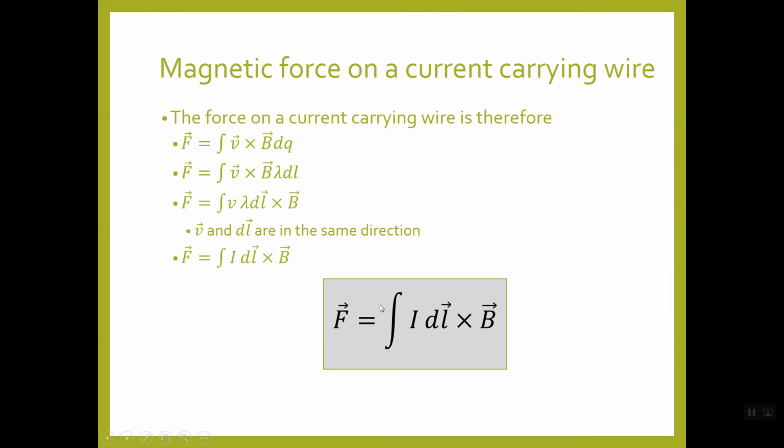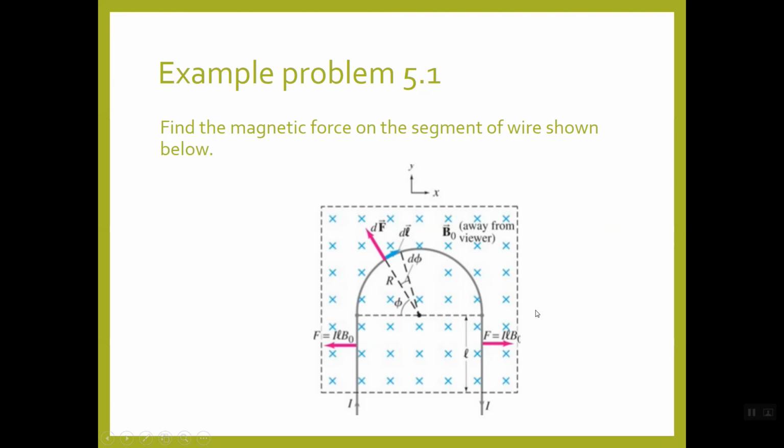So we get the force on a current carrying wire is equal to I dl cross B. So you will be doing an example problem where you'll have to find the magnetic force on these segments of wires in a magnetic field.